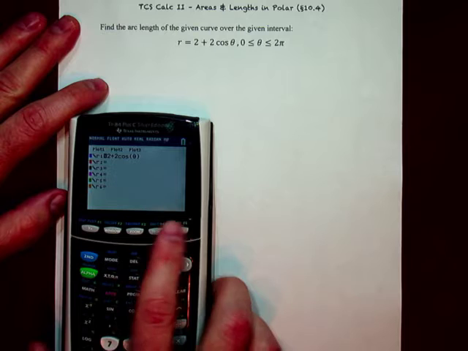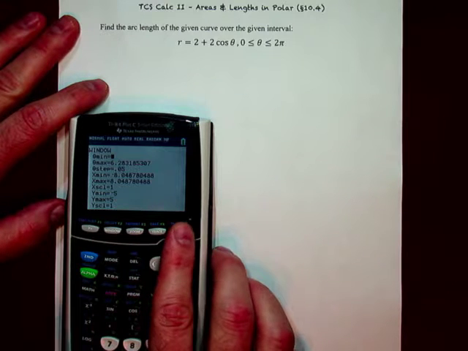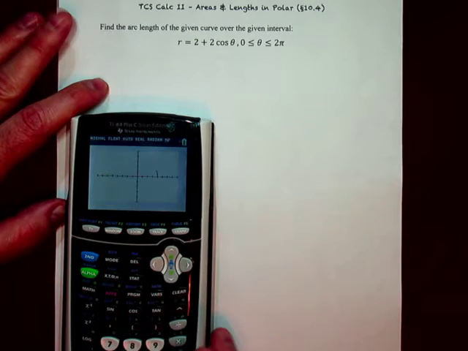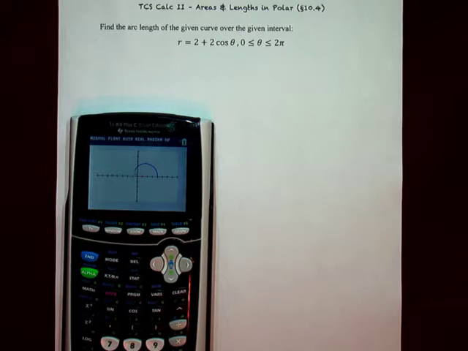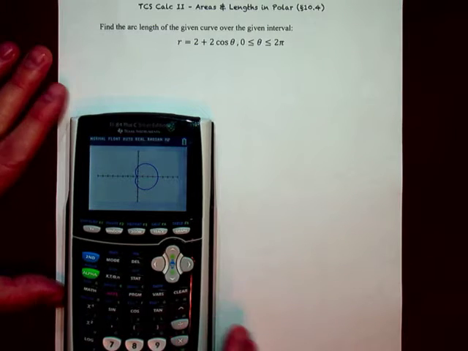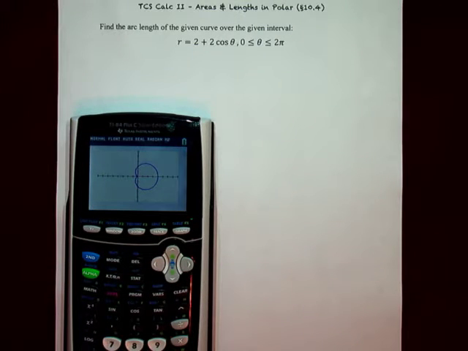I'm going to plop that in. The window is just fine. And there is our cardioid. Not that we really have to know what it looks like, but it's always nice to know. I'm always a big fan of the visual perspective.